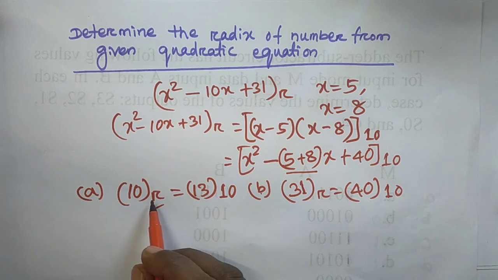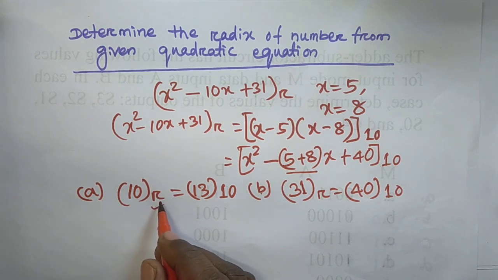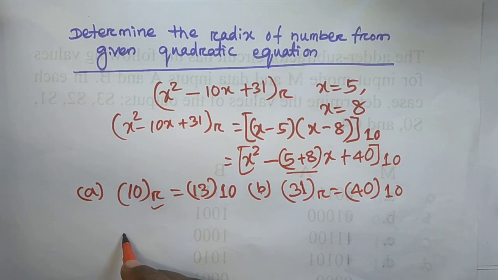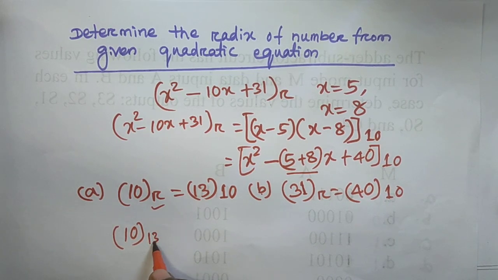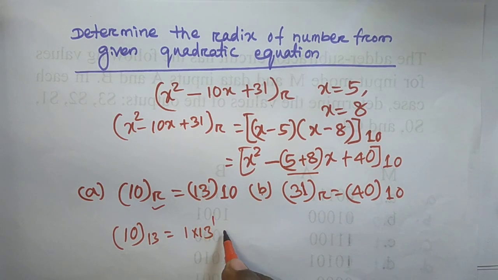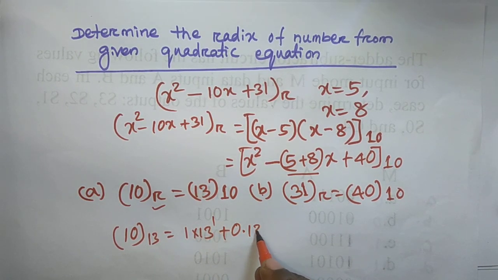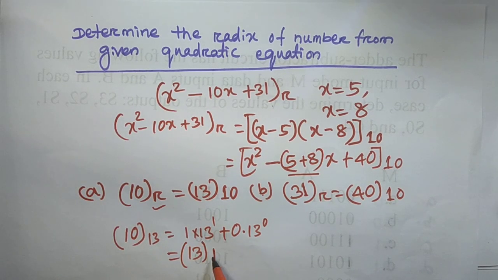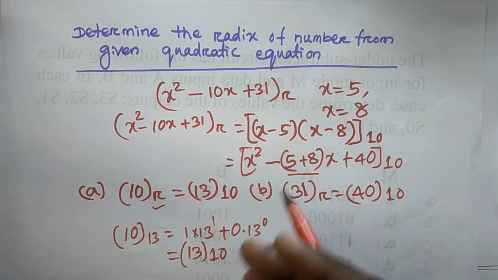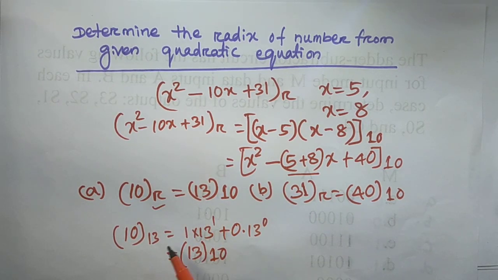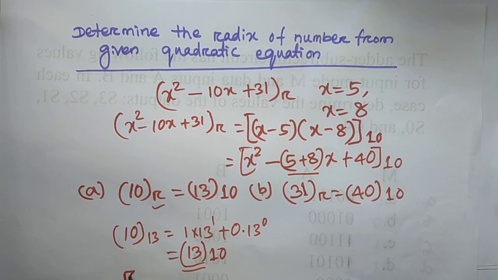Excluding 13, no other value can come, because here it is 1 0. If r is 13, then 10 base 13 means, in decimal, 1 into 13 to the power 1 plus 0 into 13 to the power 0, that is 13, having base 10. If we take any other value, suppose 11 or 12, the number 13 cannot come. So obviously r is 13.